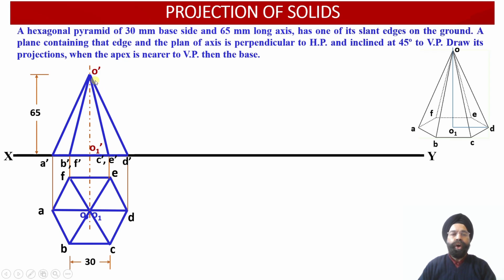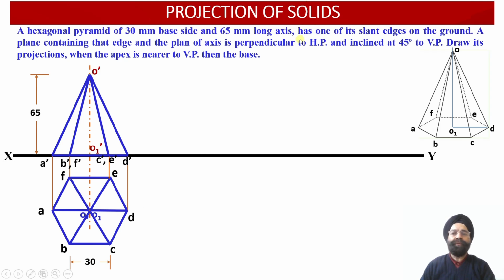Since the O dash C dash object line projection has superimposed upon the hidden line projection corresponding to the slant edge O dash E dash, we are not able to see the hidden line projection over here. This way, we have got all the projections corresponding to the slant edges appearing in the elevation view as object line projections.